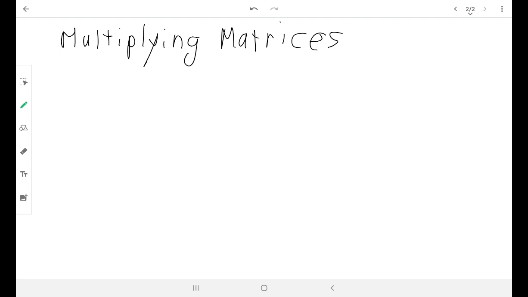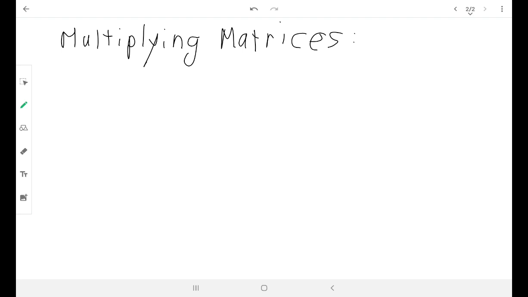All right, so let me start a new board here, and we'll start in the notes. Let's talk about multiplying matrices. So there are some rules about multiplying matrices. You can't always multiply two matrices. They have to meet very certain conditions, okay?